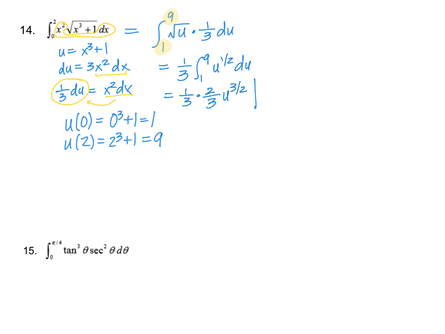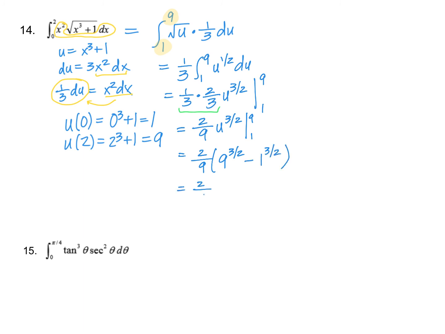Just like before, you can draw a vertical line and put a 1 and a 9 here. So we're going to plug in, first of all, this part, I'm just going to rewrite that as 2/9. Okay, let me write it now. 2/9 u to the 3/2, 1 to 9. All right, so what we're going to do is we're going to plug 9 in for u and plug 1 in for u and subtract.